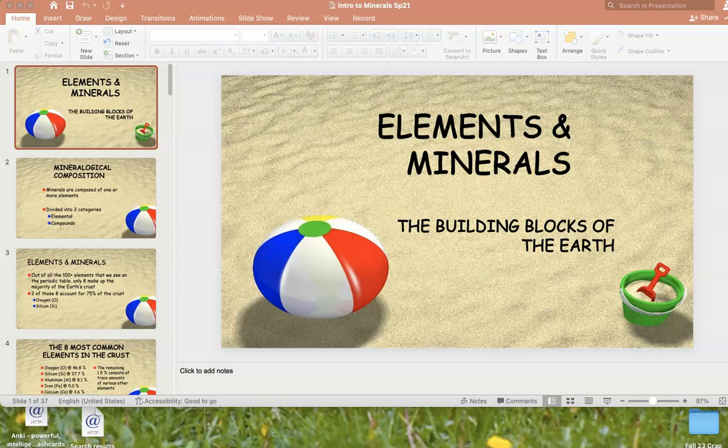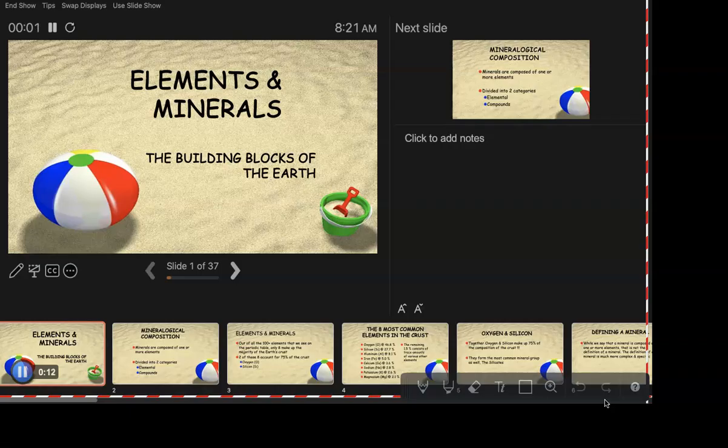Alrighty, so today we're going to talk about minerals. Minerals is something, again, depending on the class, we go into it in varying degrees of depth. In geology, of course, we've got a lot of minerals in lab that we work with, and big mineral tests.